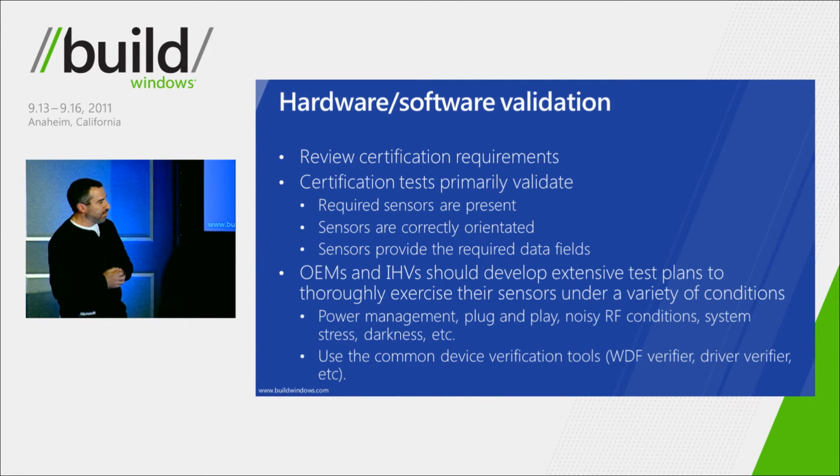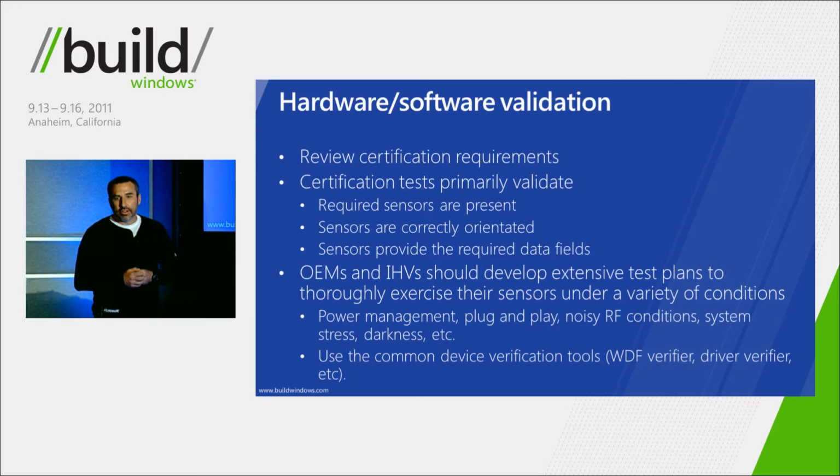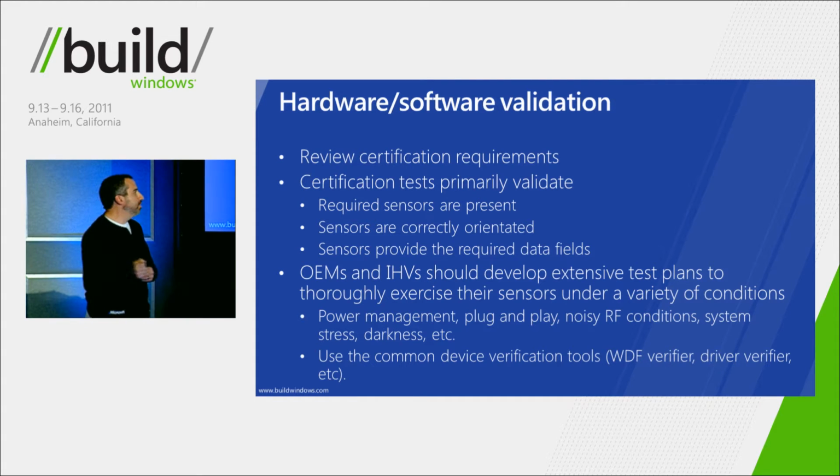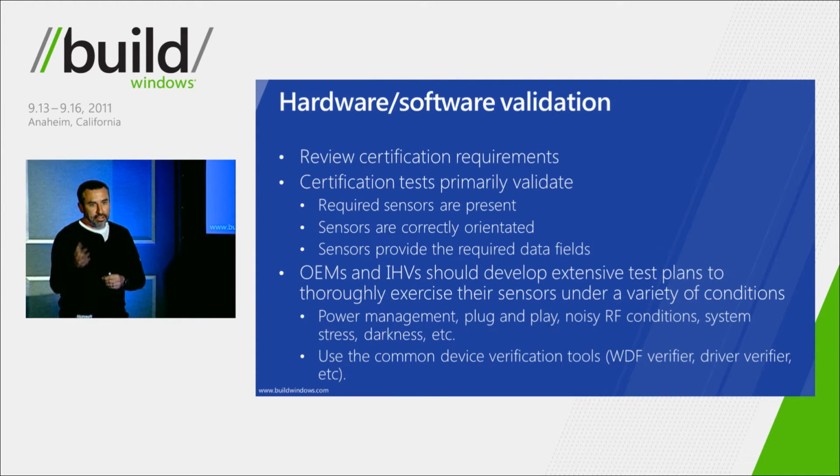But that's some of the experience that we've seen on the early prototype systems. We ran into this. So we want to test in a variety of environments and lighting conditions. And be sure to use the common verification tools, and those have been discussed in previous sessions, both here and years past.